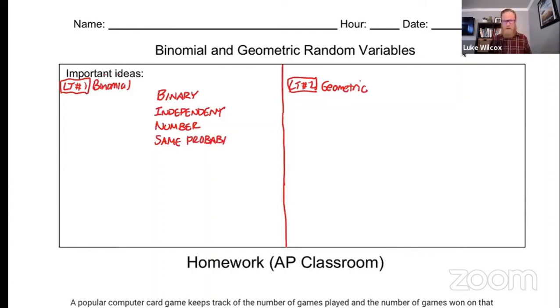Now, quick little acronym here. Some students will use BINS to help them remember the 4 conditions needed for a binomial. Now, the one thing I want to add in here is that if you are sampling without replacement, then we need to check the 10% condition to say that the independence is okay. So 10% condition when sampling without replacement.